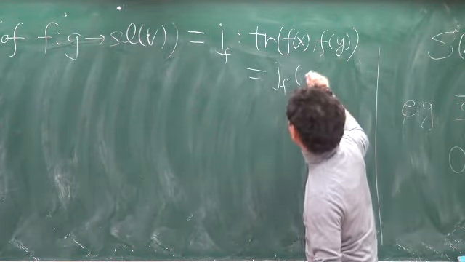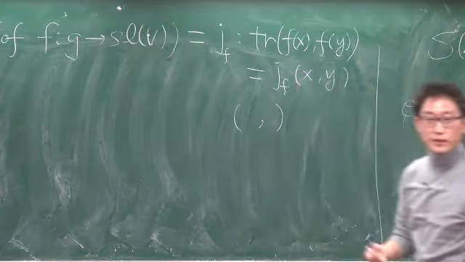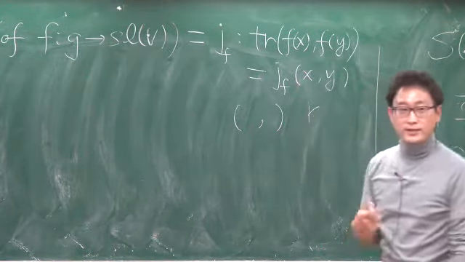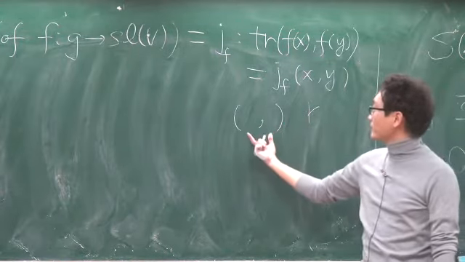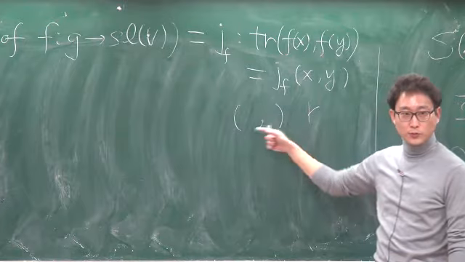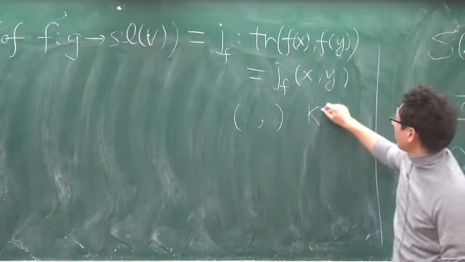Here, this parenthesis is the Killing form on the Lie algebra, the normalized Killing form, which is normalized so that for any long root alpha, (alpha, alpha) is 2.